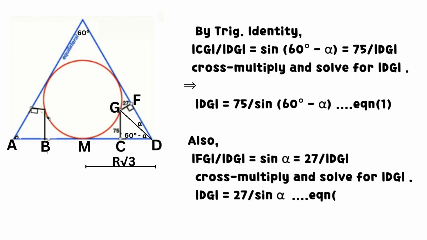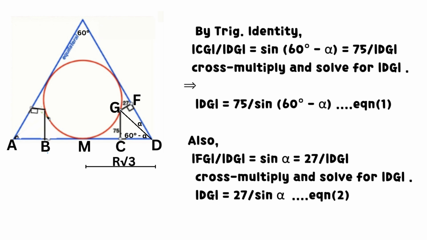It follows that line DG equals 75 divided by sine of 60 degrees minus alpha. We call it equation 1. Also, line FG divided by line DG equals sine alpha, which equals 27 divided by line DG. Hence, line DG equals 27 divided by sine alpha.